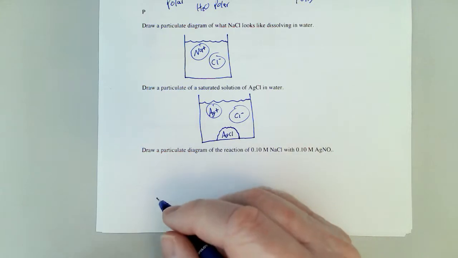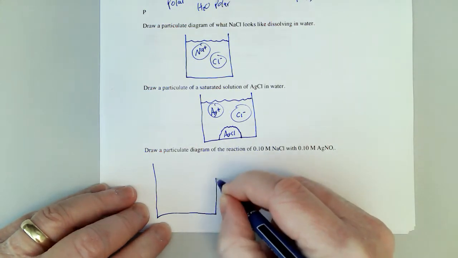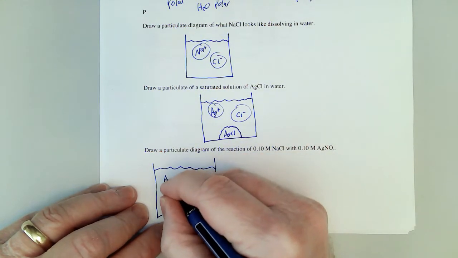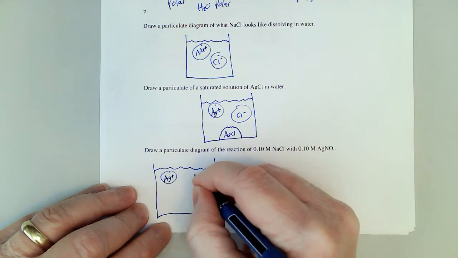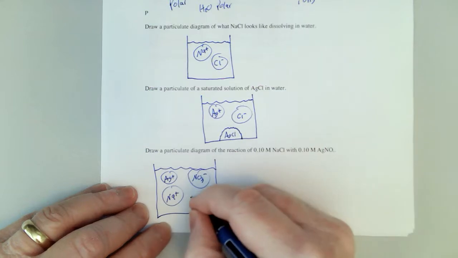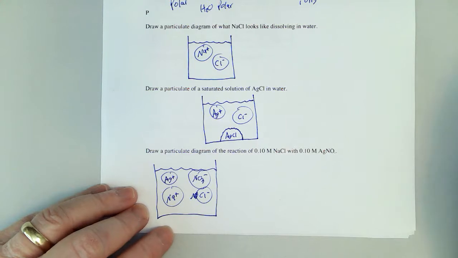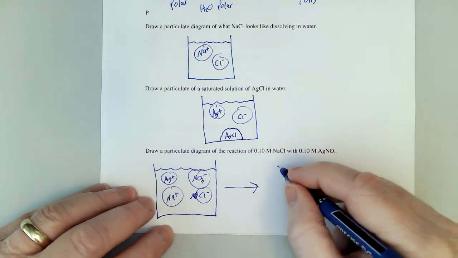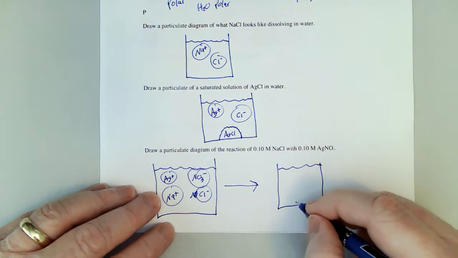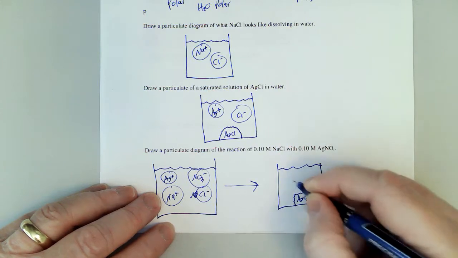Okay, now, what happens when I mix NaCl and AgNO3? First off, I have Ag+, I have NO3-, I have Na+, I have Cl-. Okay? Now, when I mix them, I'm going to get a pile of AgCl precipitate at the bottom of this.